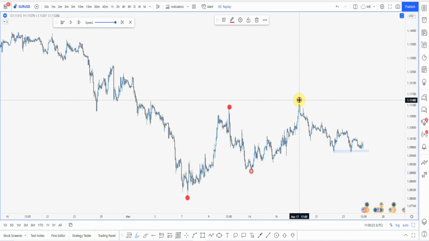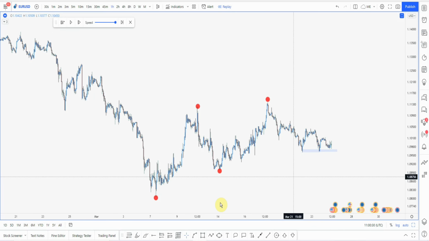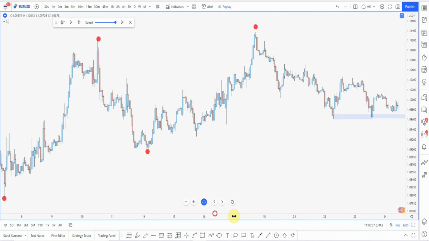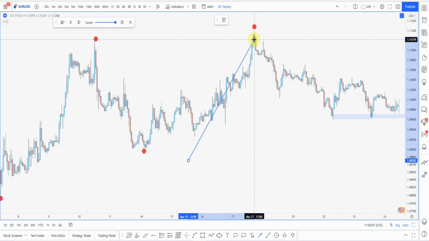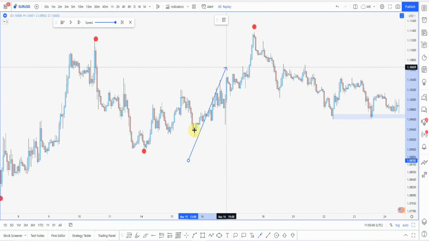The market made a higher high here and here. Okay, our current trend is this low to this high. This is our current trend, from this low to this side. Okay, this is our current trading range.